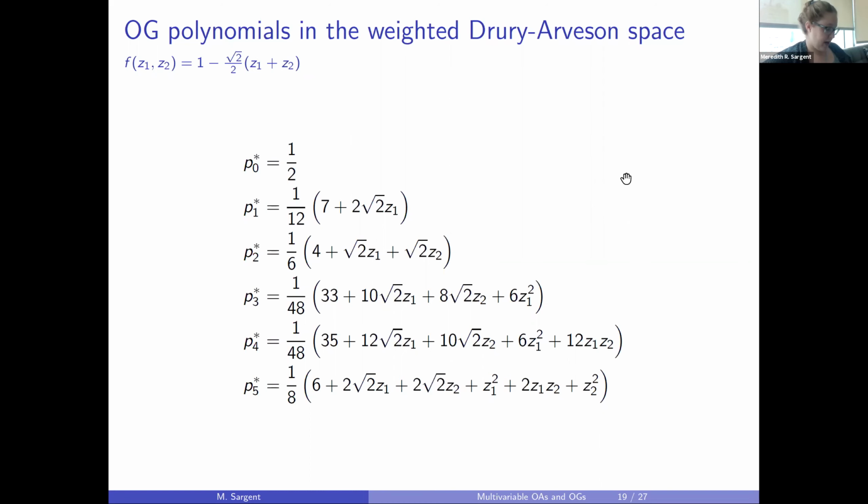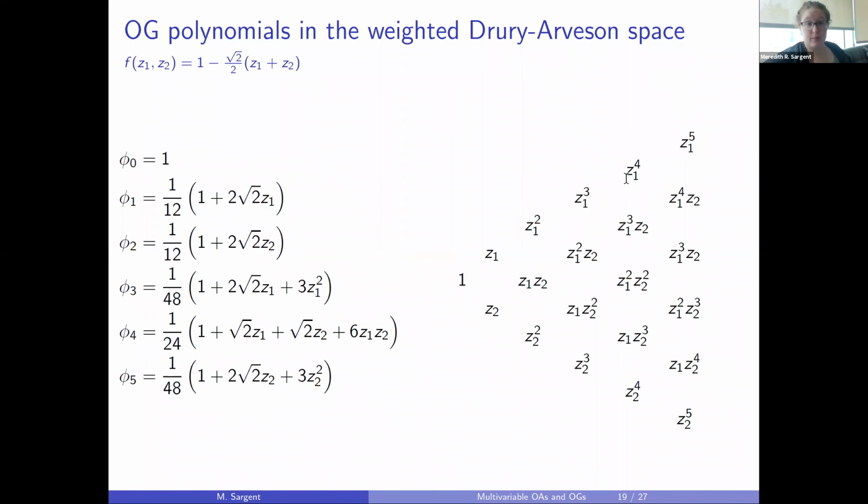But then when you actually look at the orthogonal polynomials, not the optimal approximants, these are extremely pretty because they have a really predictable form. If you actually go through and compute a whole bunch of these, you'll see that the first orthogonal polynomial that includes this term here, well, it's going to include exactly the monomials in this little square.